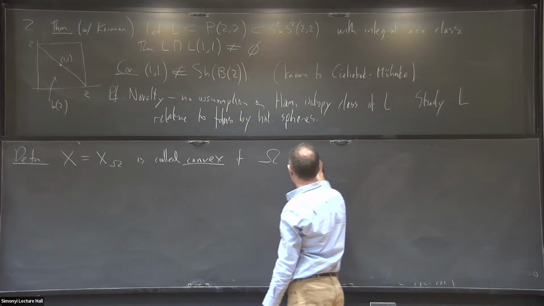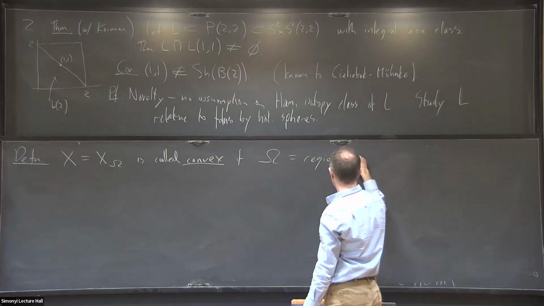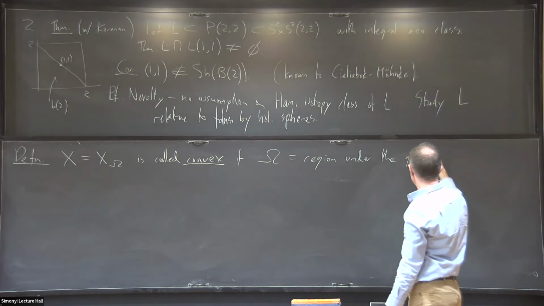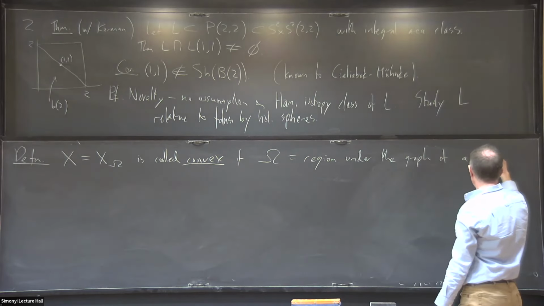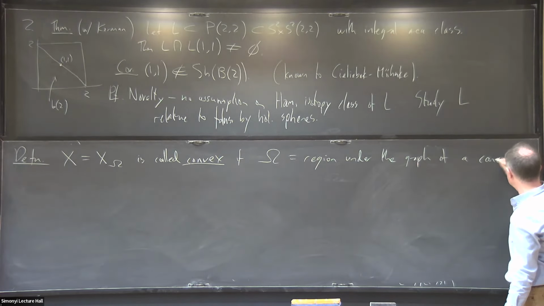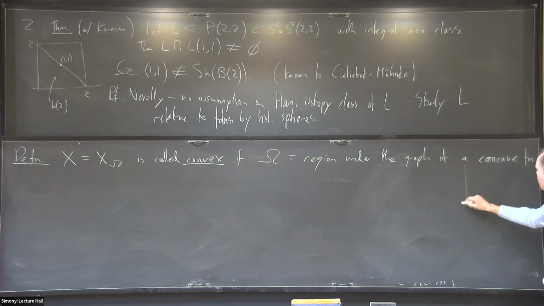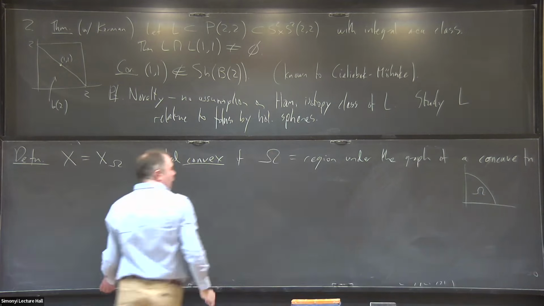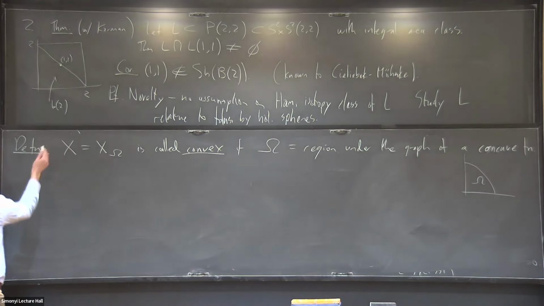Omega is the region under a concave function. A concave function looks something like that. So this is what we call a convex toric domain. This is an example of the last thing.